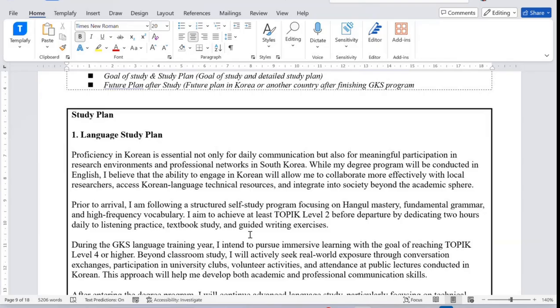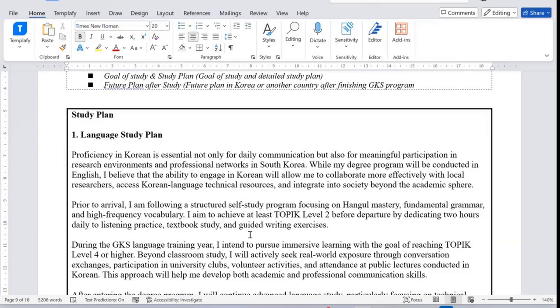Prior to arrival, I am following a structured self study program focusing on Hangul mastery, fundamental grammar, and high frequency vocabulary. I aim to achieve at least TOPIK level 2 before departure by dedicating 2 hours daily to listening practice, textbook study, and guided writing exercises.